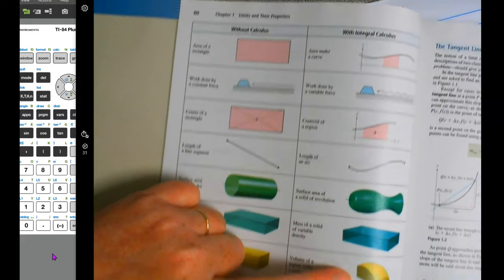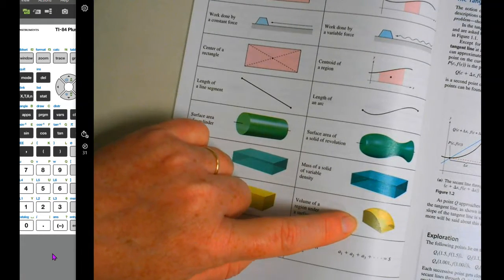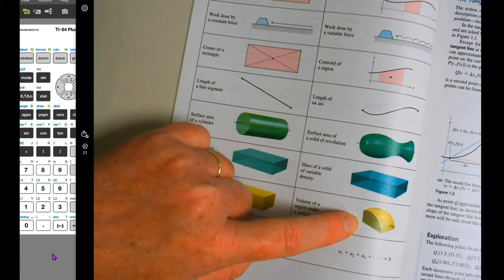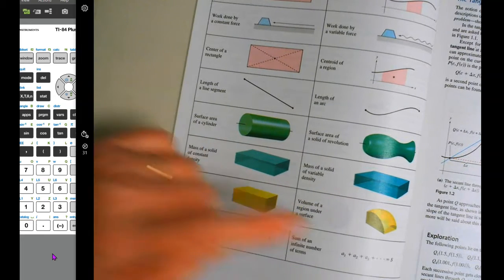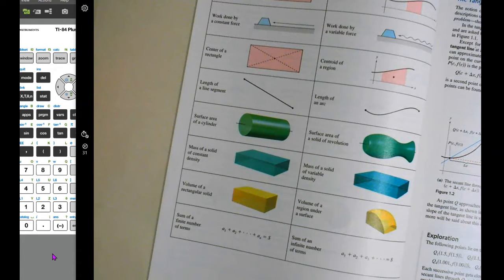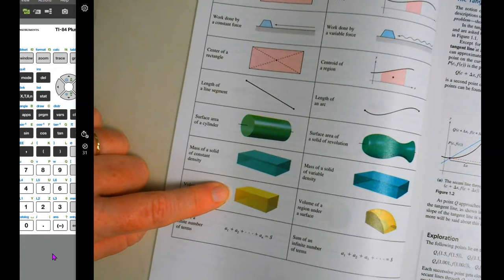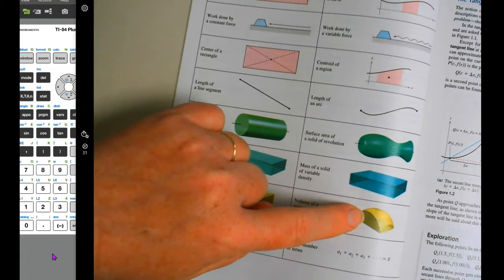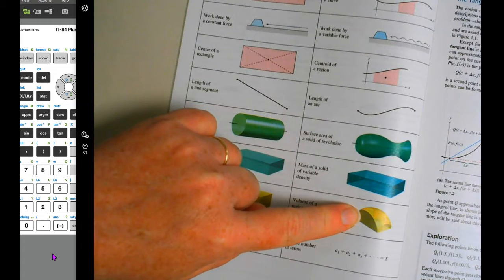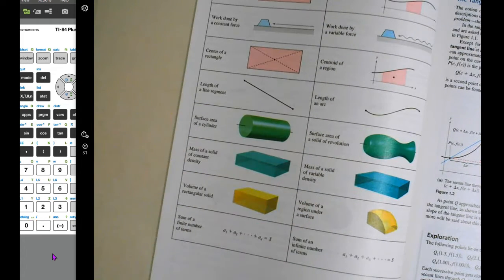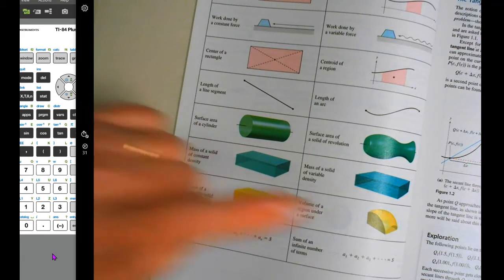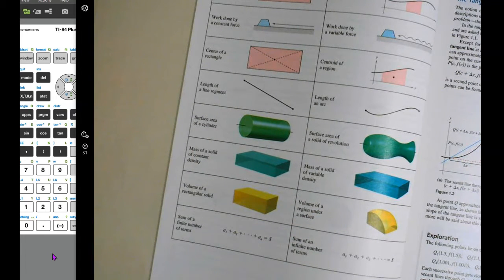We will definitely do this one way here at the bottom, which is kind of a cool thing to find: volume of definitely irregular kinds of solids. Whereas we know how to find this: length times width times height. This is not like that. We won't have a length times width times height. We'll use the idea, but we're going to do something different when we get to integral calculus.